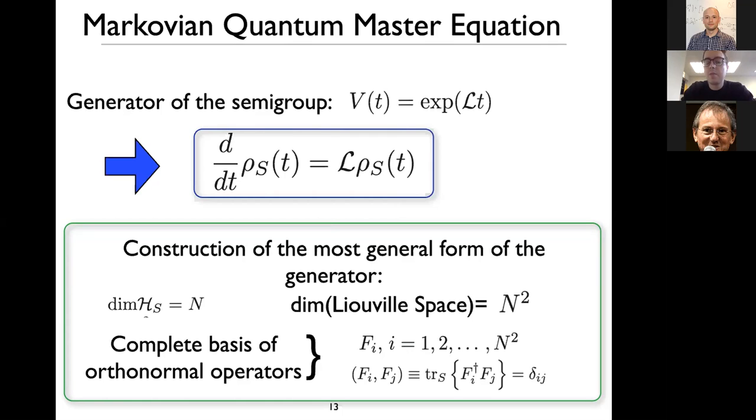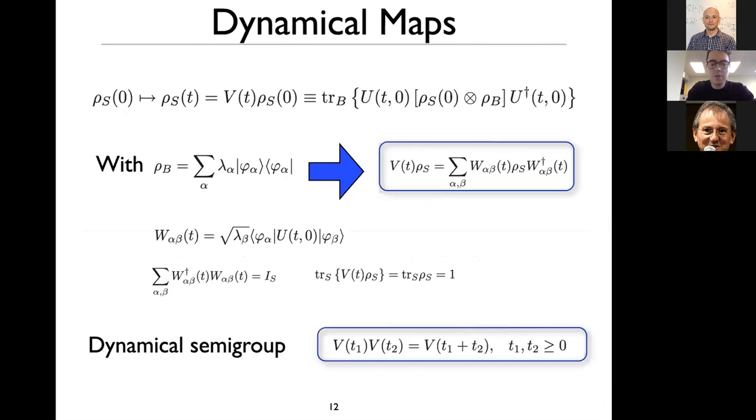You can see that this representation of our dynamical map will, by construction, satisfy the dynamical semigroup property. Let me just go back to the previous slide.